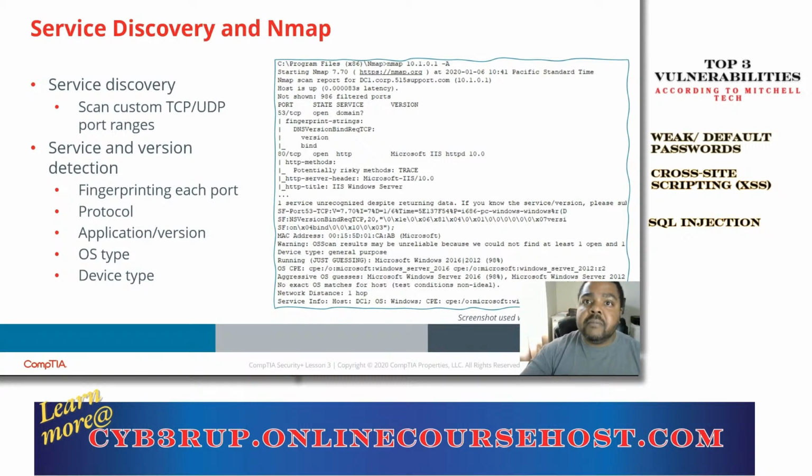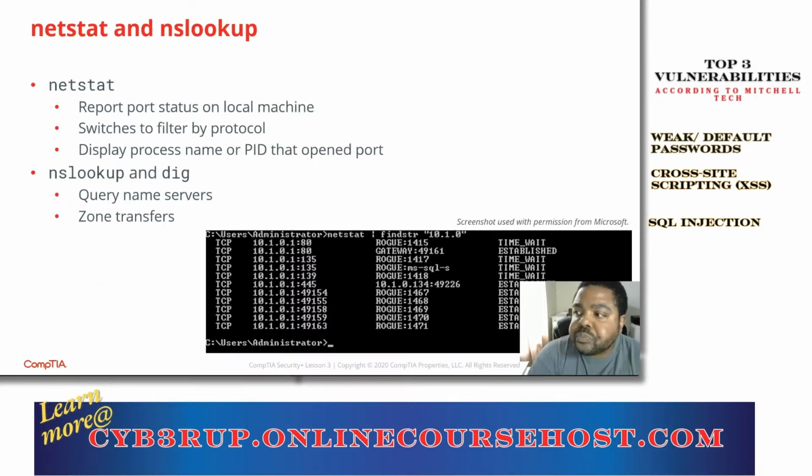Because it's actually pinging, seeing that it's up, pulling the information, communicating with it, and that is what we call very noisy, right? So whenever we see a lot of noise on the network, we need to be aware of that, and then do what's possible to find it and shut that communication off.